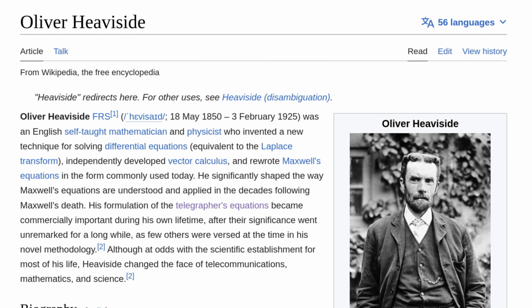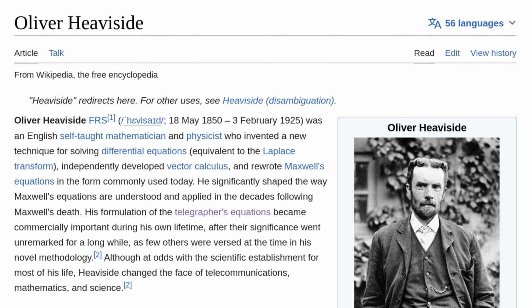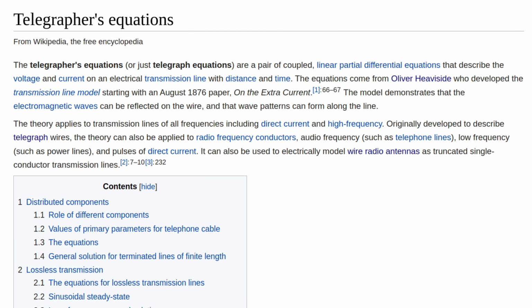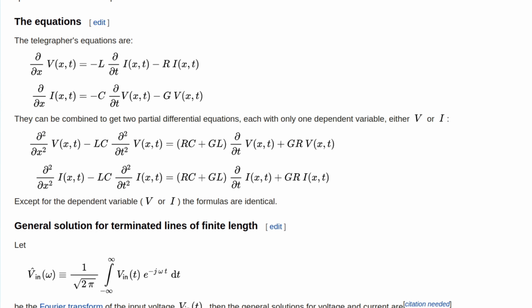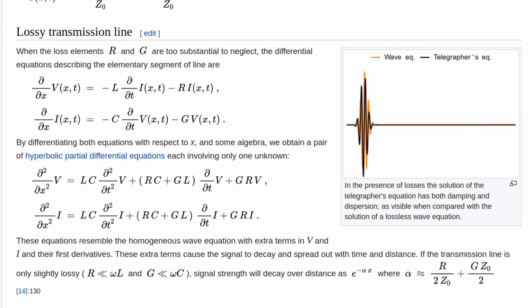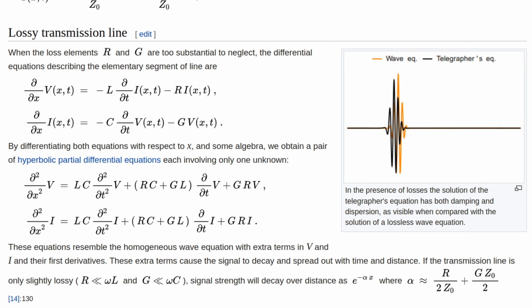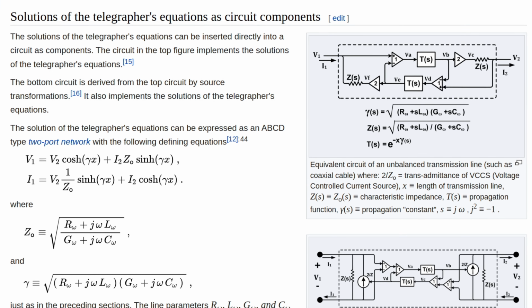Many of the precise mathematical tools that were needed to reduce the error rate in the telegraph cables of the time were developed by a man named Oliver Heaviside. This body of work is known as the telegrapher's equations. The degree of sophistication required to understand and make use of these equations was apparently enough to confuse even the Society of Telegraph Engineers at the time.